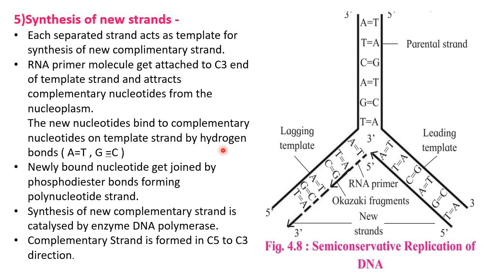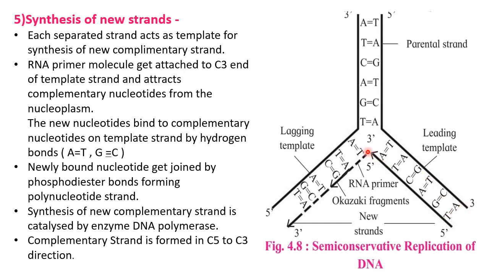Now here we see that at this template there is the C3 end. Then on the opposite template the C3 end is here. So at the C3 end of the template strand, the RNA primer molecule gets attached.